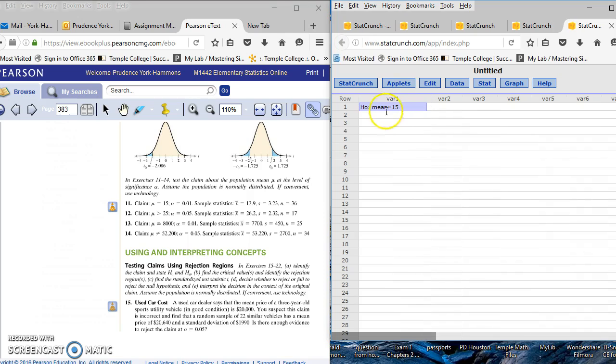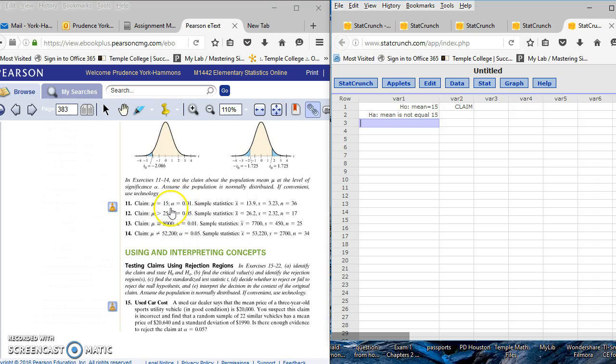Now, our alternative hypothesis, H sub A, would be that the mean is not equal to 15. Again, I don't have the symbols in StatCrunch to type this out, but I'm going to go ahead and put this in here. So these are our null and alternative hypothesis. It's important to note that this was the claim, that the null hypothesis was the claim.